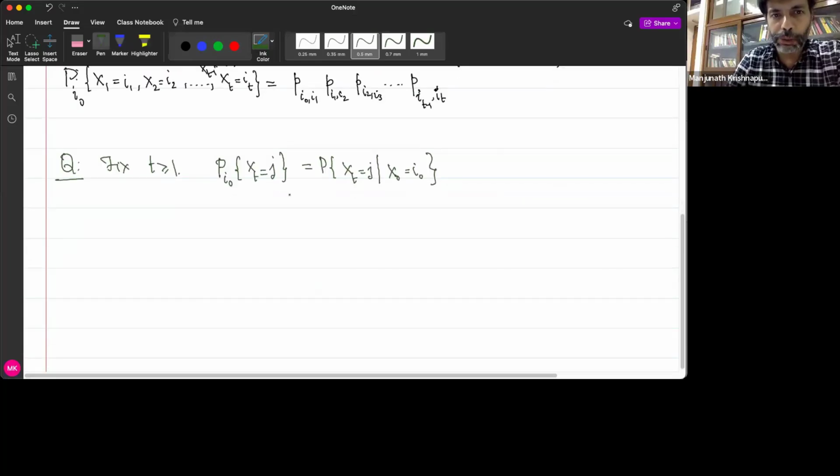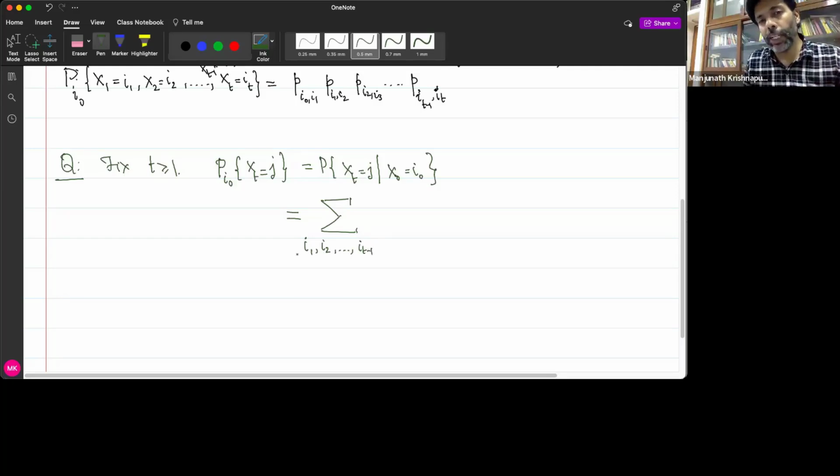So what do we have to do? Now I start calculating this probability, just like I illustrated there. There were 2 paths. Here, what are all the paths which can lead from I0 to j in t steps? I have to sum over all trajectories. Maybe from I0 I go to I1, from I1 I go to I2, and so on up to I_{t-1}.